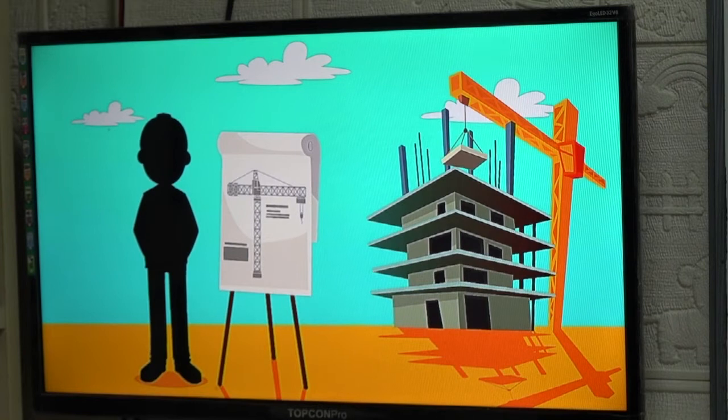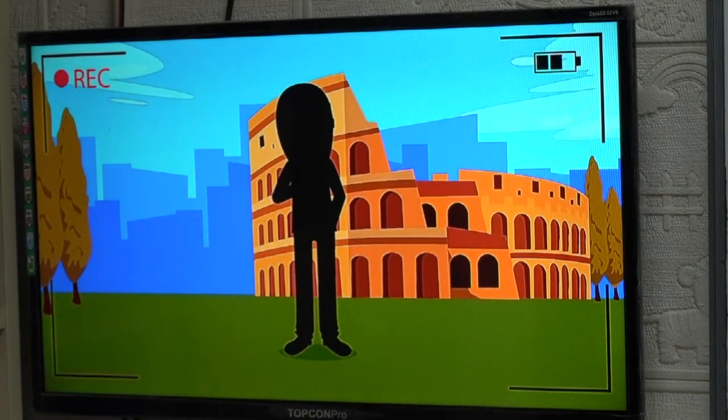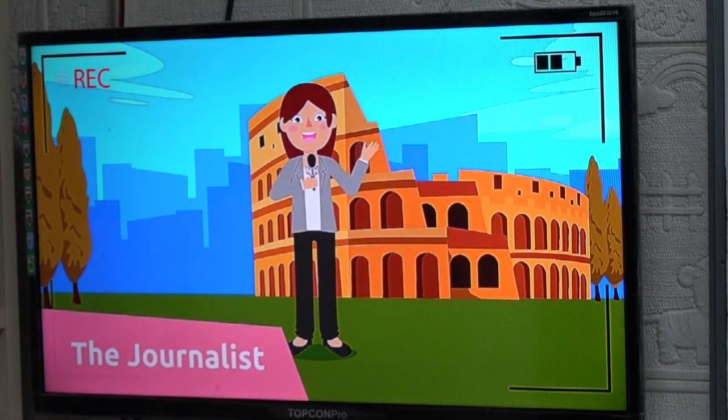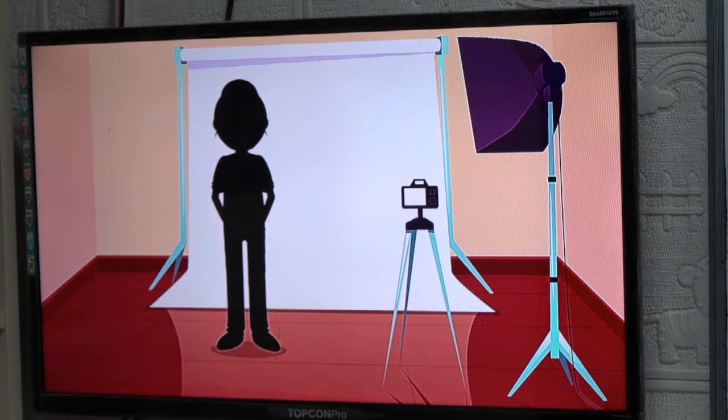Who designs machines and structures? The engineer. Who investigates and collects information to tell other people about it? The journalist. Journalist. Who takes photos with their camera?